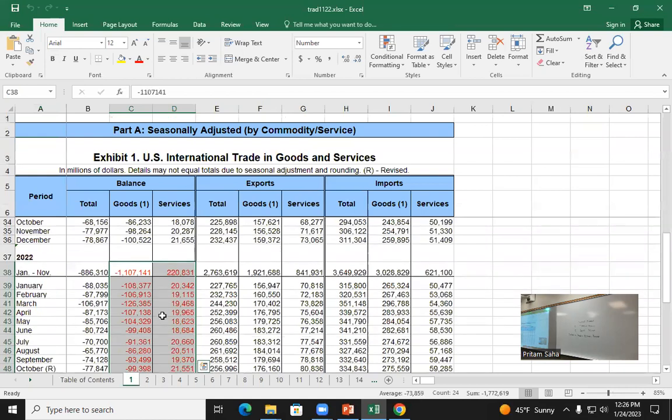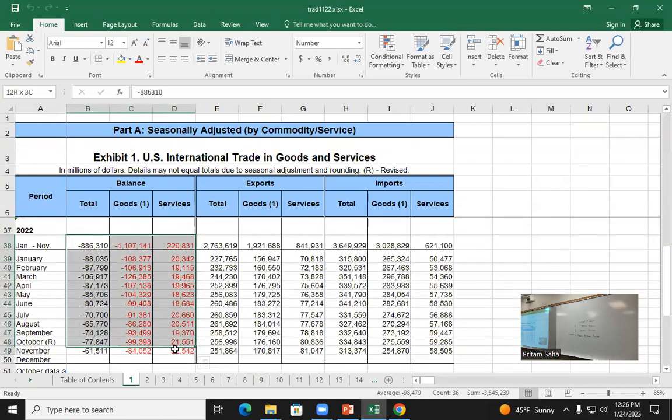If we go here, this is all 2022 information by month. We can get the same information, right?